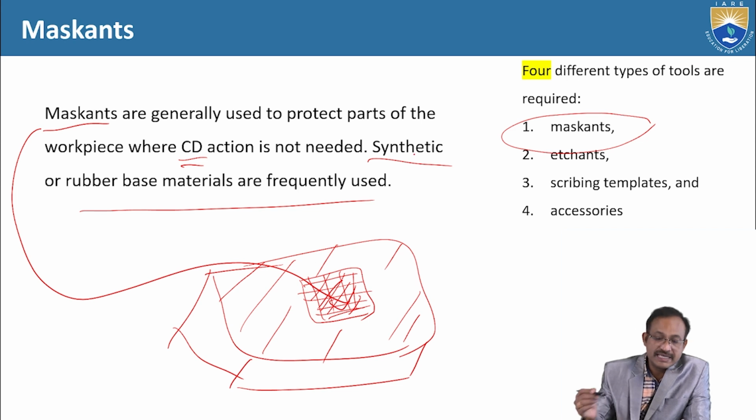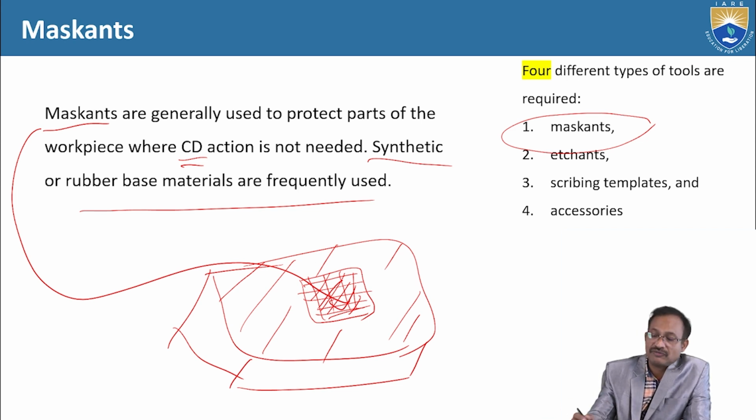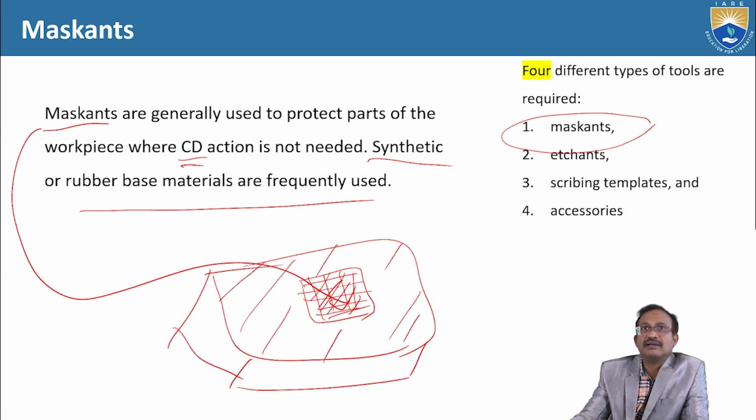Usually synthetic or rubber based materials are frequently used for these maskants. So a maskant is nothing but a mask. This mask will protect the workpiece where we do not want any material removal because of this chemical action.